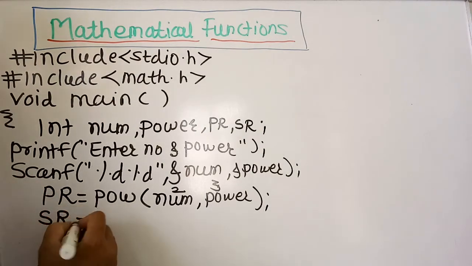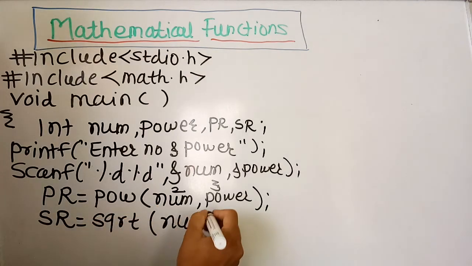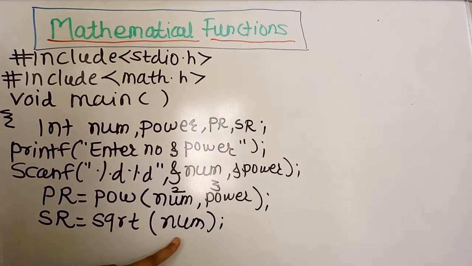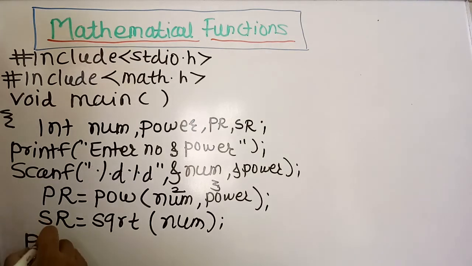Like that, we will also calculate the square root, and square root has a standard function, that is sqrt, and we will pass the number of which we will calculate the square root. So it becomes SR equals sqrt(number). Then simply this value calculation is finished.